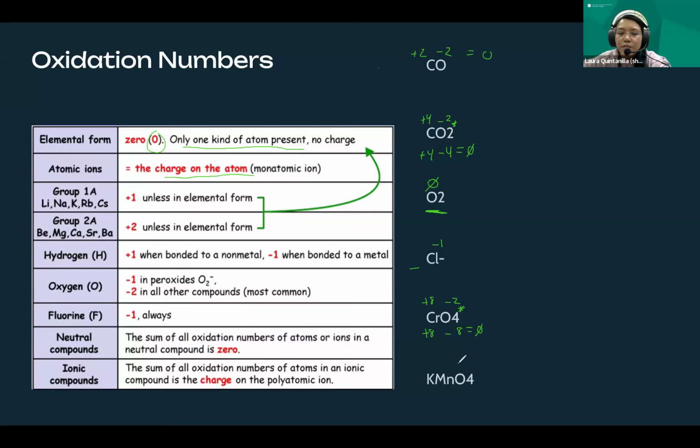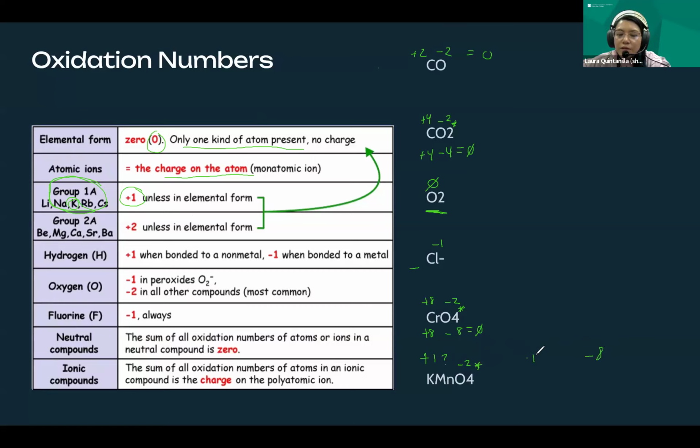So let's do this last one. Oxygen, we can count on being -2. Potassium, let's see if there's a rule for it. We can use this rule right here, group 1A. Here's potassium, so that's a +1. But there's no rule for manganese, so we're going to have to figure out what that is. Let's figure out how many negative charges we have. Multiply that, that's -8.